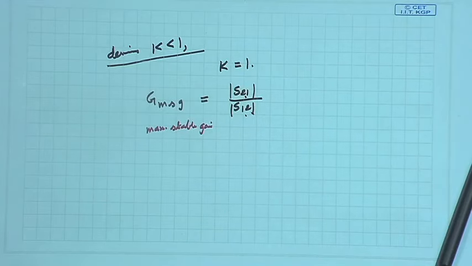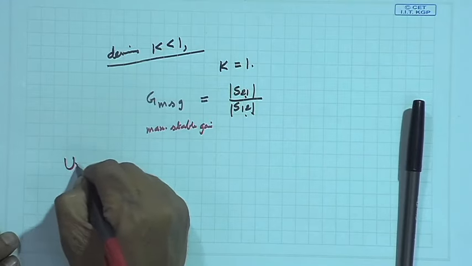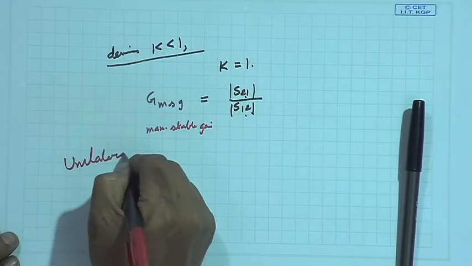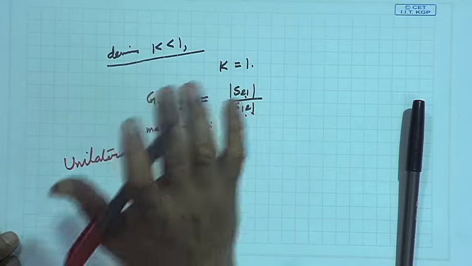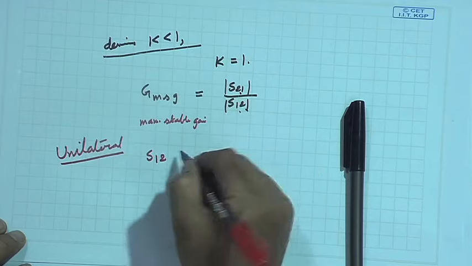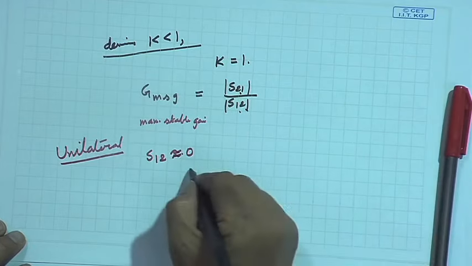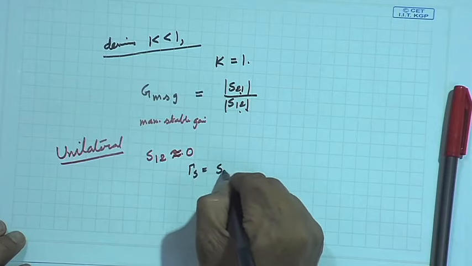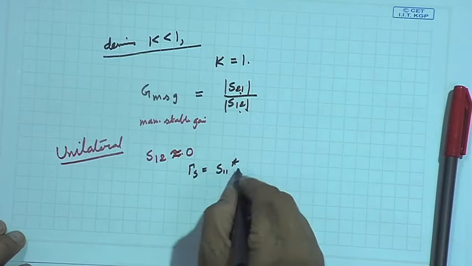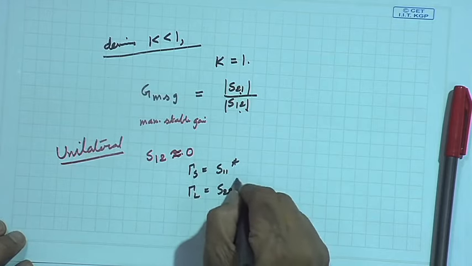Now, this becomes further simplified if we do it for the unilateral case. That time the input and output coupling, that means gamma in depends on gamma L, is not there. You know, unilateral means S12 is 0 or approximately 0. Under that case, we know that gamma S becomes S11 star, and gamma L becomes S22 star.